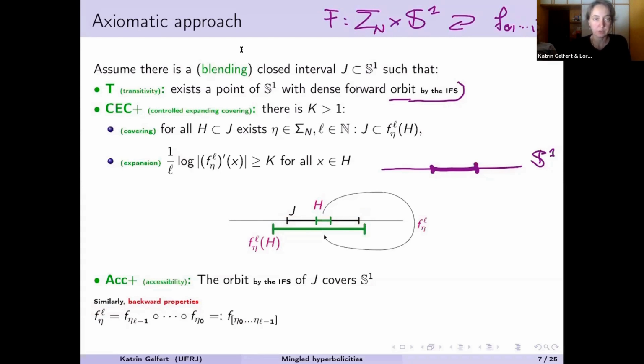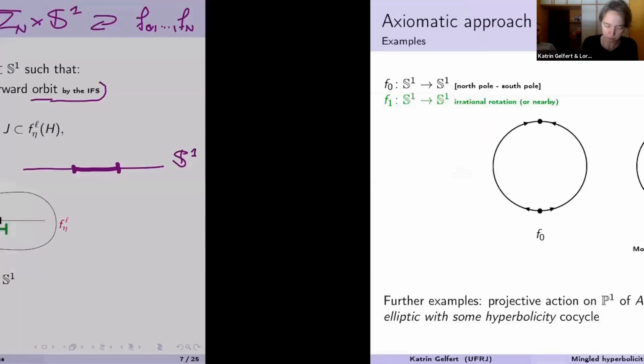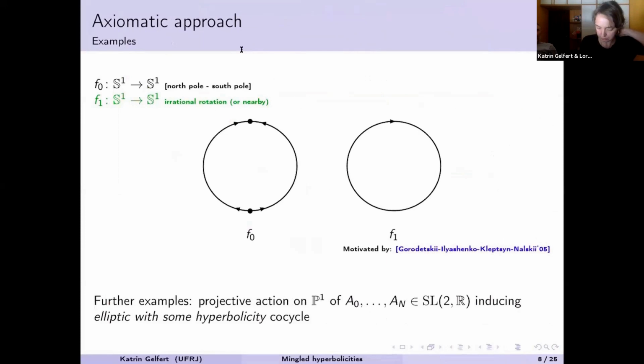Let me just mention one example, which was the motivating paper for this line of research, by Gorodetsky and co-workers. If you have just two fiber maps, one which makes an irrational rotation, and another one which is a north-pole-south-pole map, then you could choose a sufficiently small interval which contains this expanding fixed point.